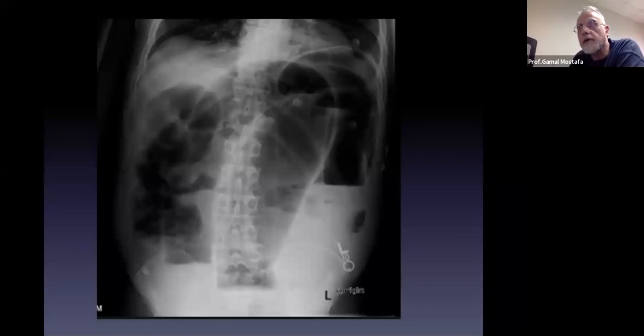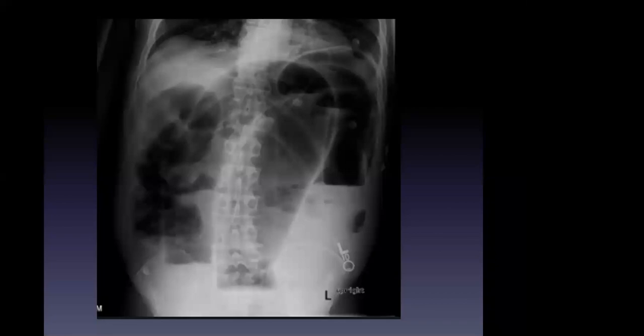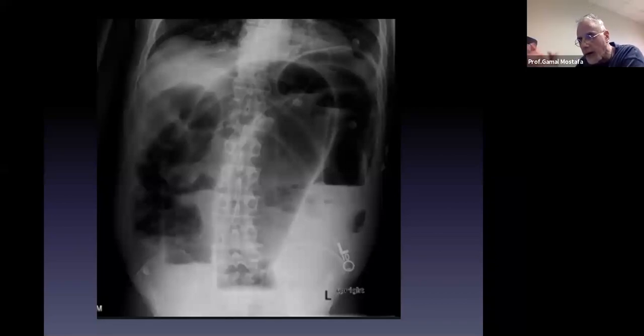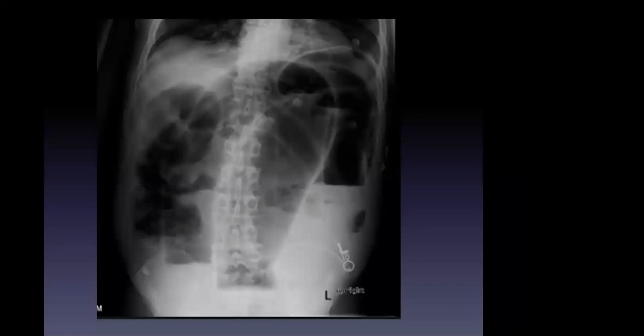Can you describe the sigmoid volvulus patient, him or her, and where do you see them, in what setting? Is it the same as cecal volvulus?